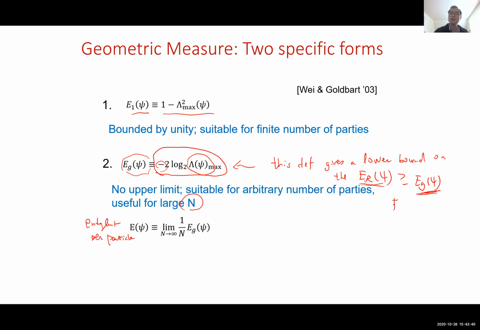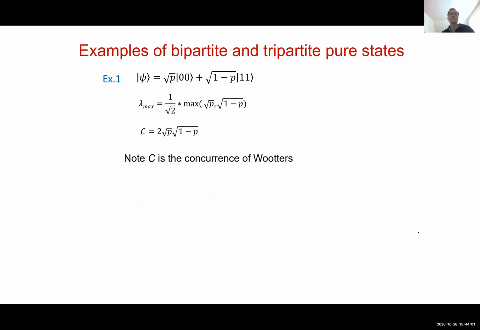And for certain states, it's even better that they are actually the same. But the left-hand side is generally very difficult to calculate.